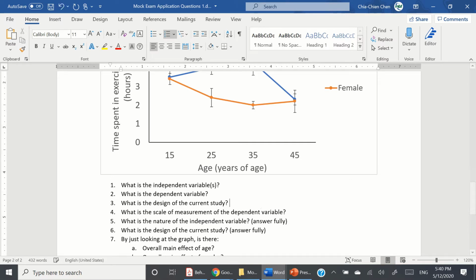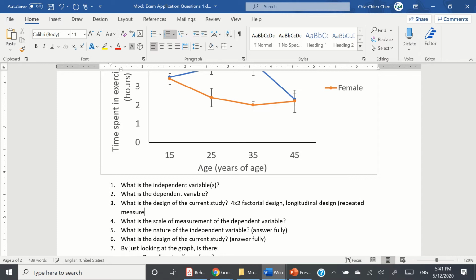This design is a 4-by-2 factorial design, longitudinal design, which is also a repeated measures design. Okay.